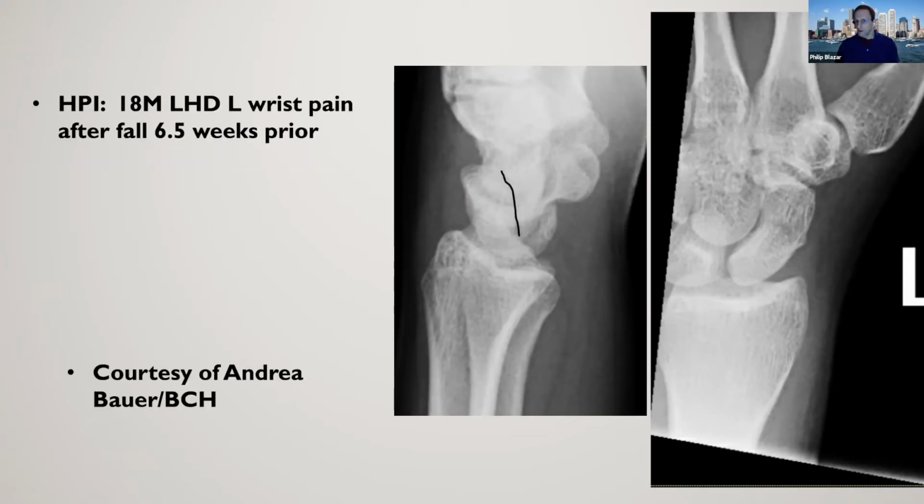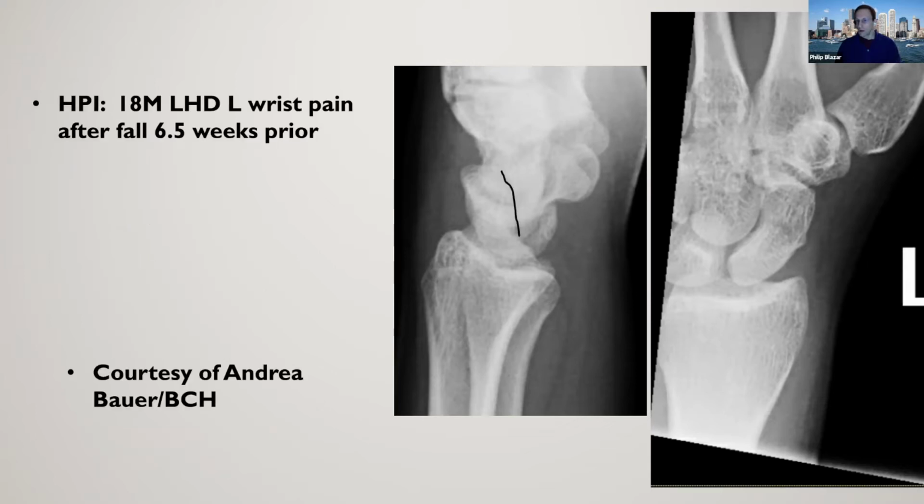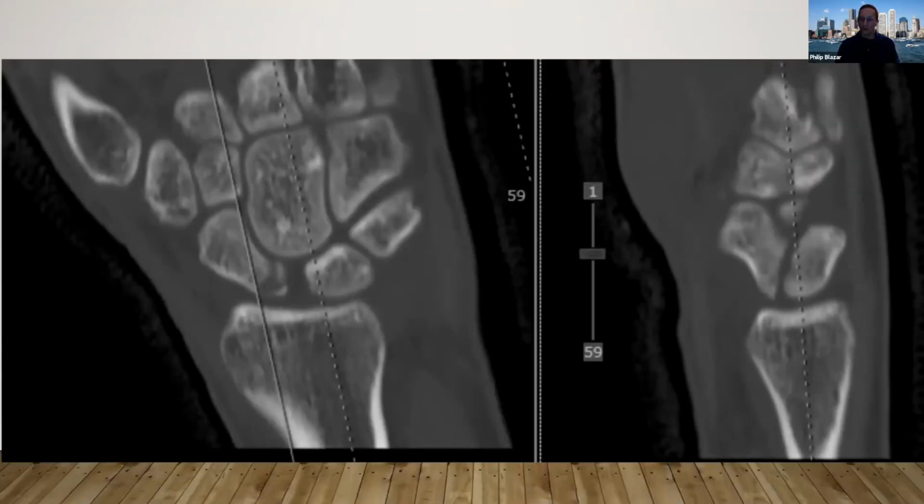And I think you can see, I'm going to go back once or twice, that this does appear to have a fracture line, but it's in this plane, which is somewhat unusual. And so this individual, to better understand, as we commonly do, obtained a CT scan. And hopefully, I think you can see these images.